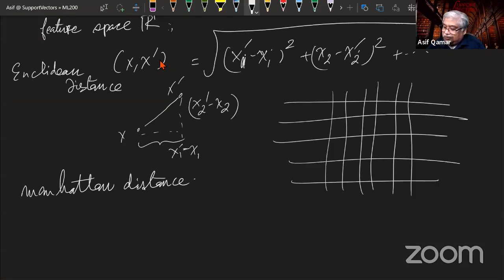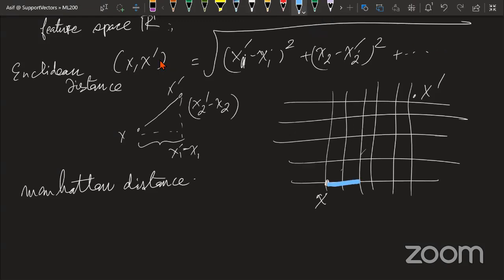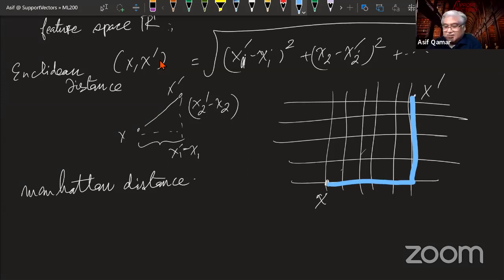Suppose you are at this point x and you want to go to the point x prime. How would a taxi driver go? The taxi driver cannot just drive through the buildings. The taxi driver would be forced to go along the edges.